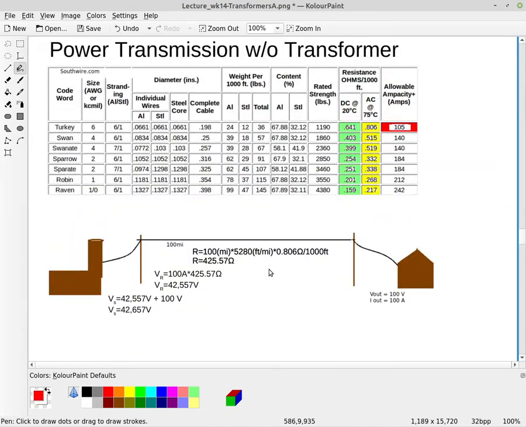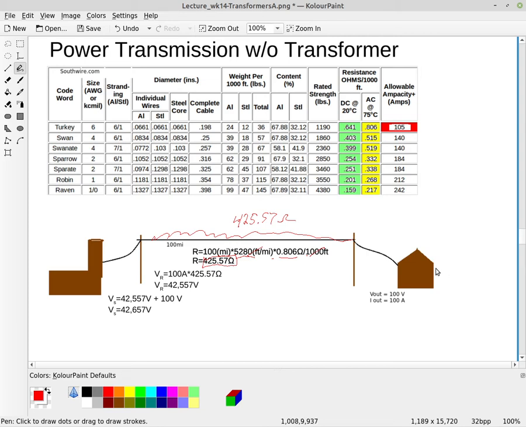If you do the math here, at 5,280 feet per mile, and every 1,000 feet it's 0.86 ohms, and we're going 100 miles, that turns out that 100 miles of wire is going to be 425.57 ohms if I take it out to 5 digits.